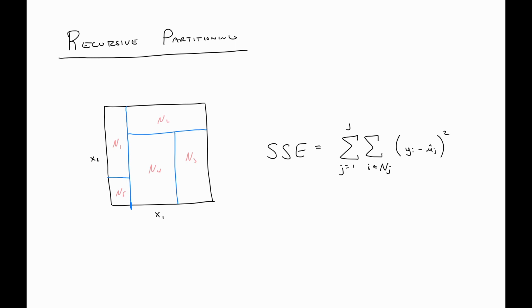So in this expression for the sum of squares error, we have this j, which is the number of neighborhoods. And these y sub j hats are the average of the yi in each of the neighborhoods.